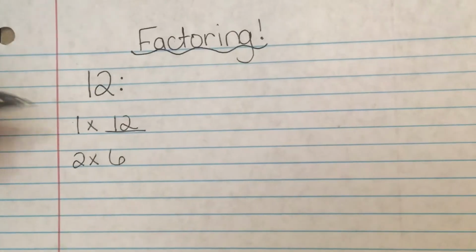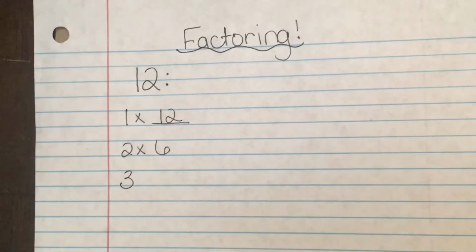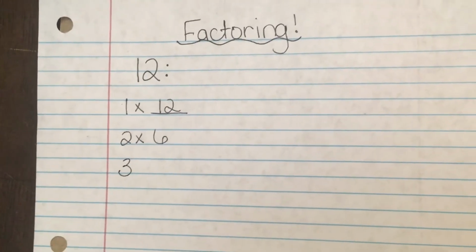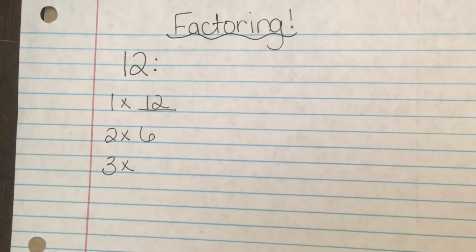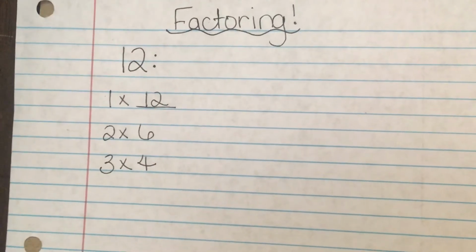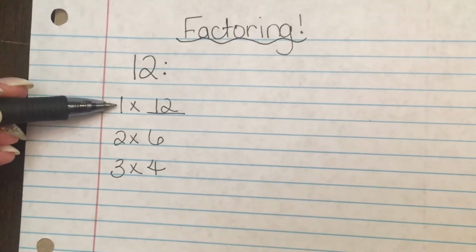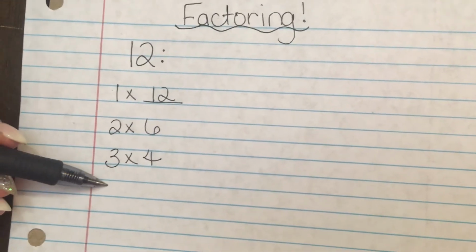Then next, after 1, 2, next would be 3. What can we multiply 3 by to get 12? Yep, 4. Now what would we try next? We have 1, 2, 3. Well, next we would do 4.